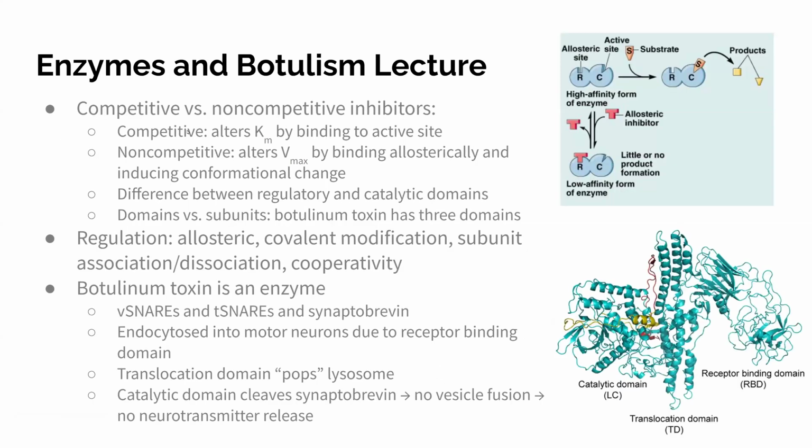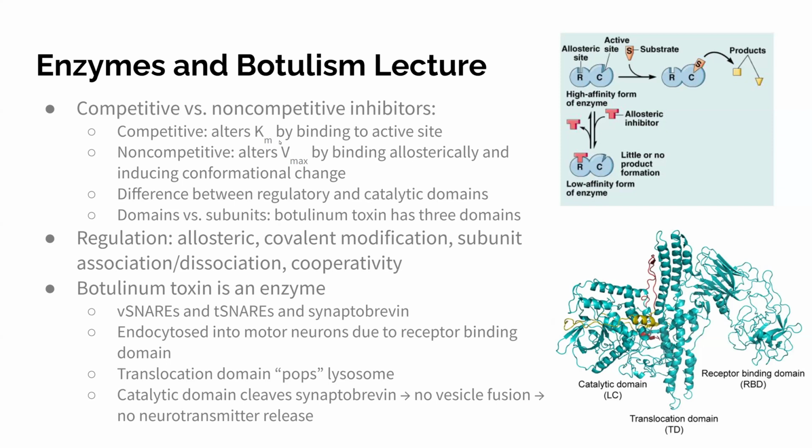Okay, and then into the actual lecture, we talked a lot about competitive versus non-competitive inhibitors. So an ideal competitive inhibitor is going to alter your Km, but it's not going to change your Vmax, and that's because it's competing to bind the active site. And then non-competitive, this is your allosteric binding, and so it's going to alter Vmax, but ideally it will have no change to the Km value.